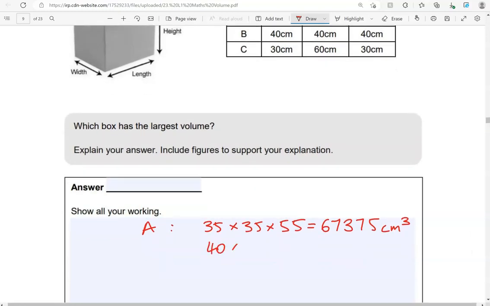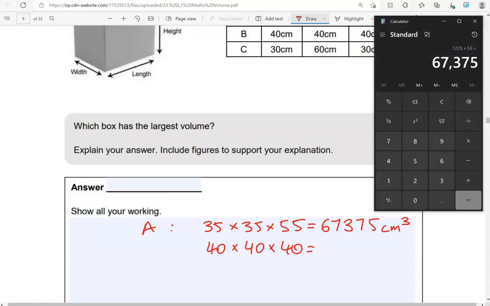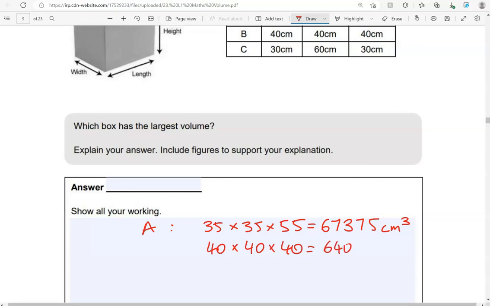Then we've got B with dimensions 40 centimeters, 40 centimeters, and 40 centimeters for width, length, and height. So we'll do 40 times 40 times 40, which is 64,000 cubic centimeters. Now C has dimensions of 30 centimeters, 60 centimeters, and 30 for length, width, and height respectively.